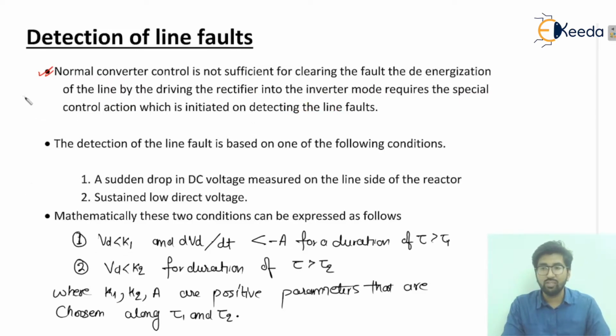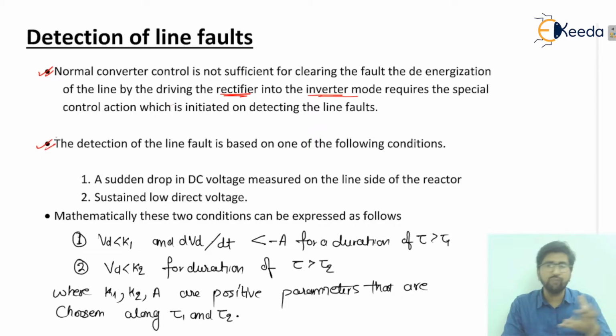So the normal operational control which we were using for detecting our fault conditions is not sufficient, because the de-energization of the line will happen by driving the rectifier into the inverter mode. And while doing this, we require special control actions which are initiated on detecting the line faults.